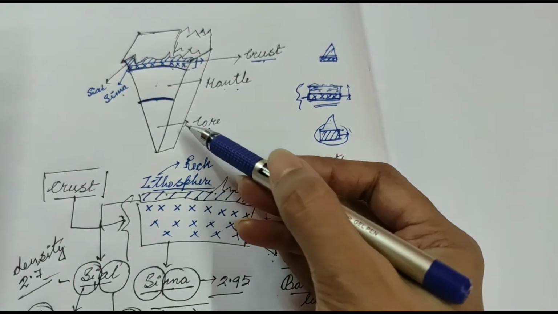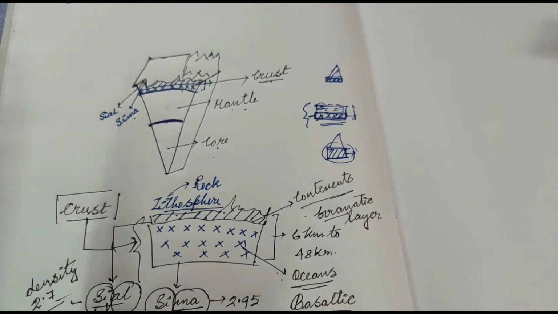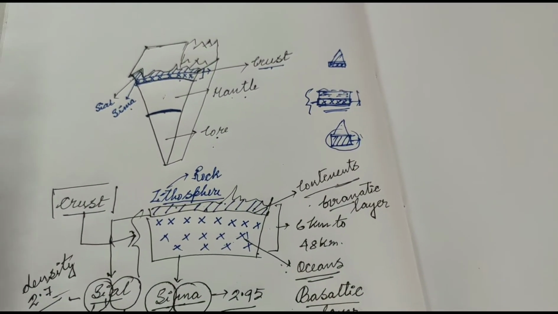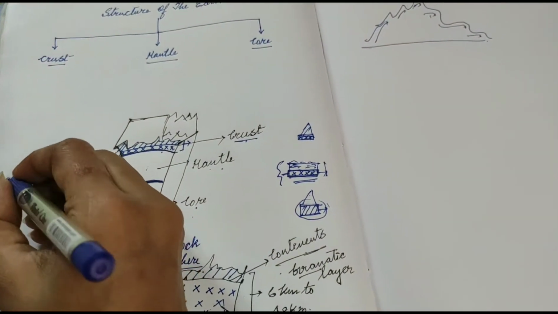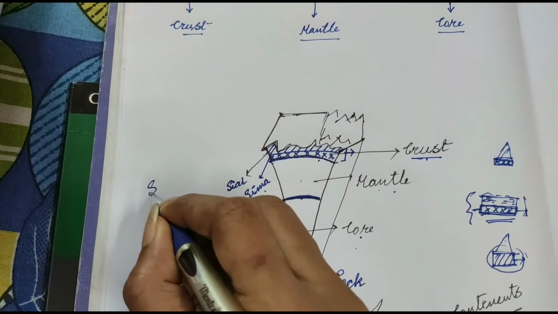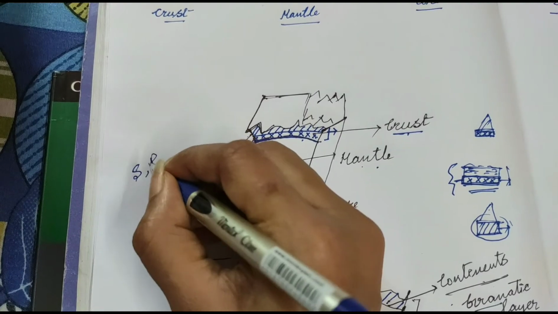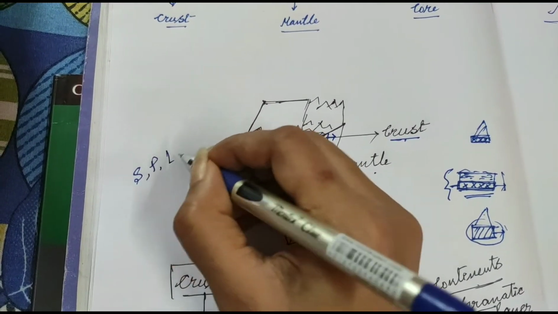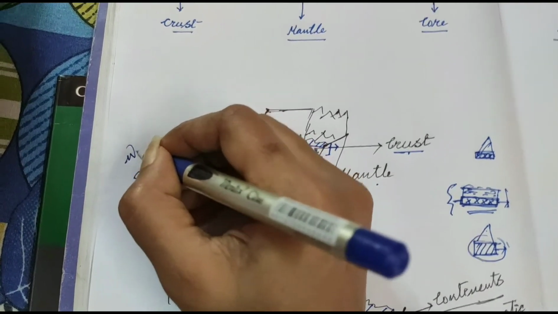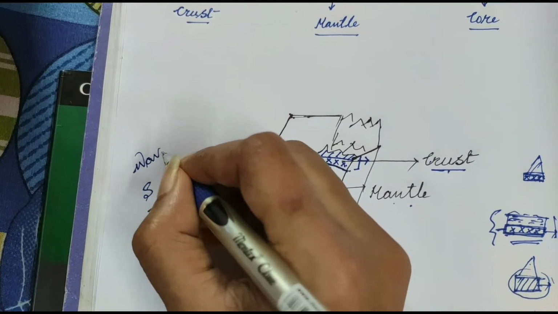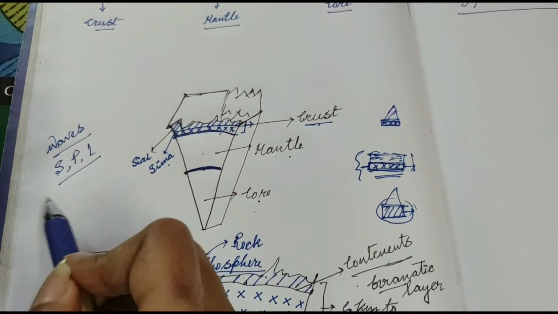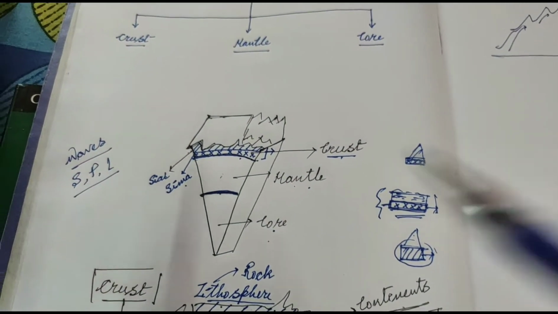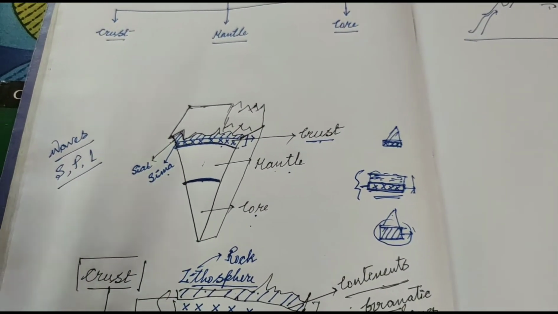Actually in these parts of our earth there are some waves like S wave, P wave, L wave. These are the waves. At earthquake time, these waves can be seen, like secondary waves, primary waves, lateral waves.